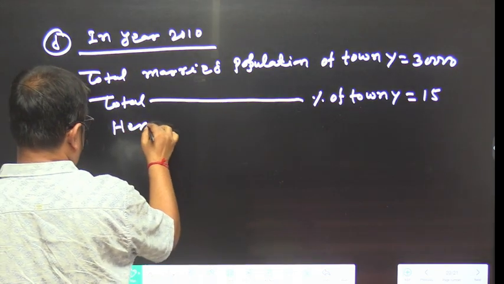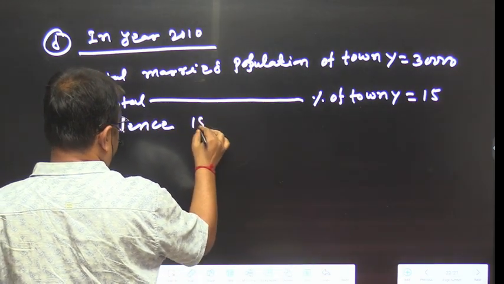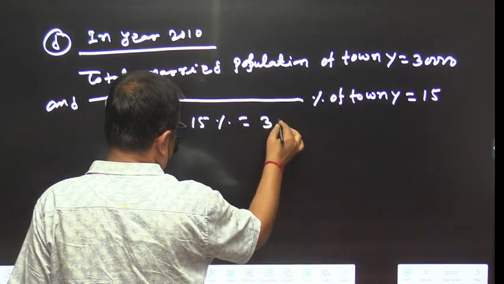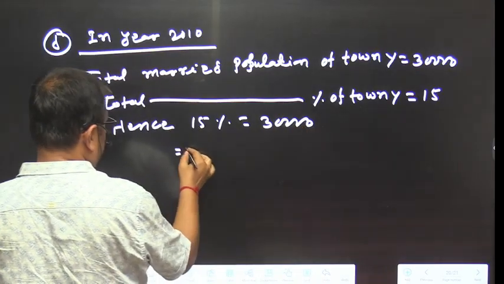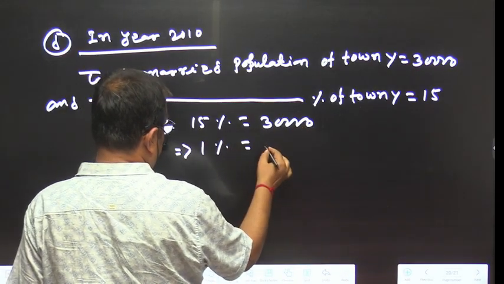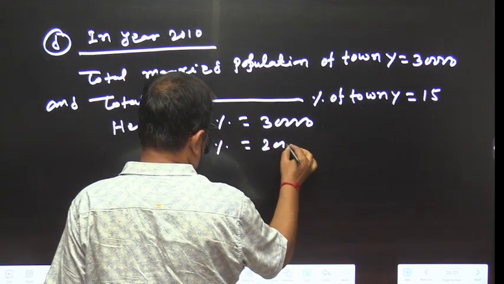Hence 15% equals to 30,000. 1% equals to 2,000.